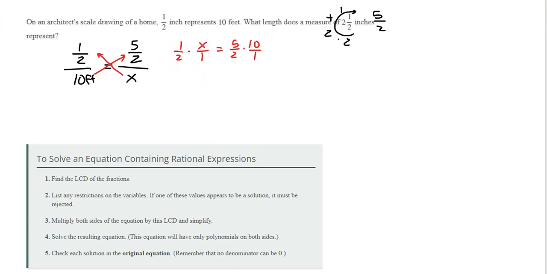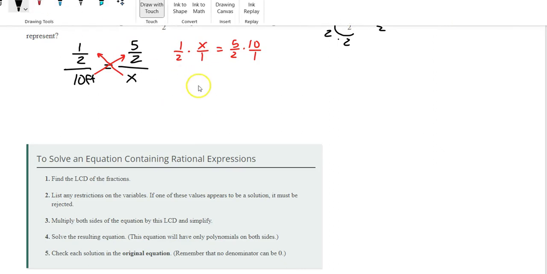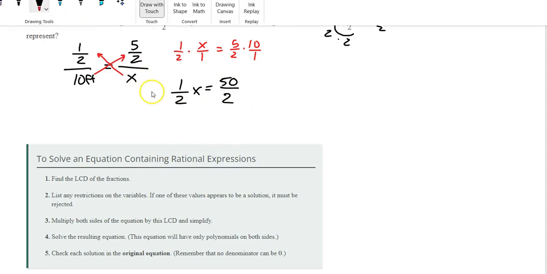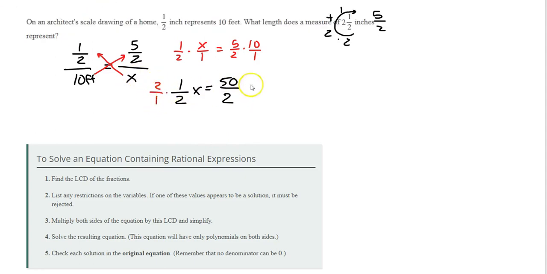Okay, so notice if I go ahead and rewrite this in that way, I get 1/2 x equals 50 over 2. Well, notice I can go ahead and reduce out this 2 on both sides by multiplying both sides by 2. I can get rid of the fraction. Come over here and multiply by the reciprocal on both sides.